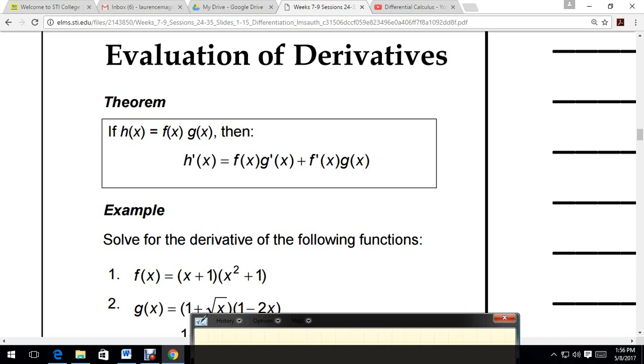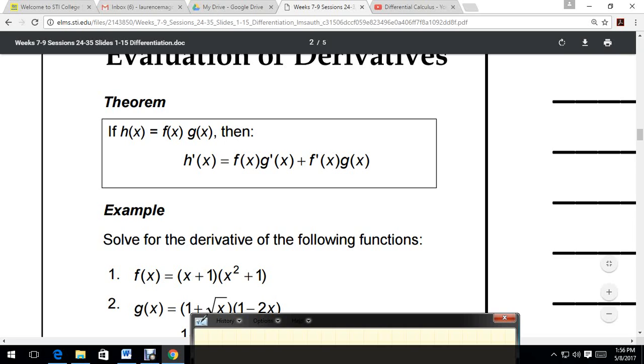If h of x is equal to first times second, h prime of x would be first times derivative of second plus second times derivative of first. So h prime of x is equal to f of x times the derivative of g of x plus the derivative of f of x times g of x.